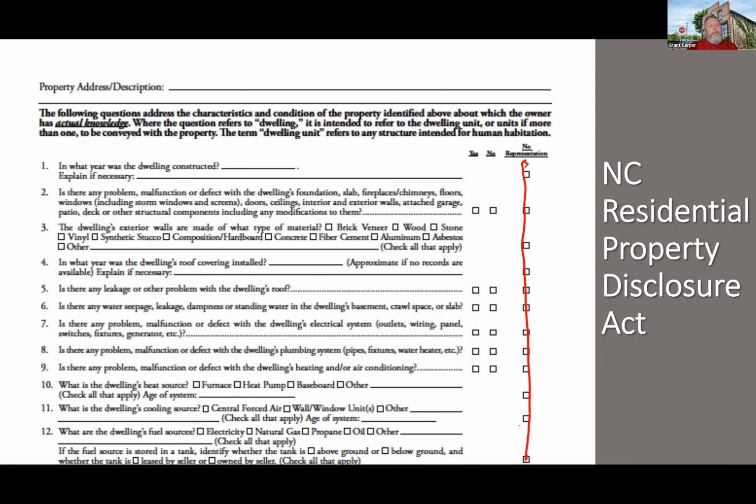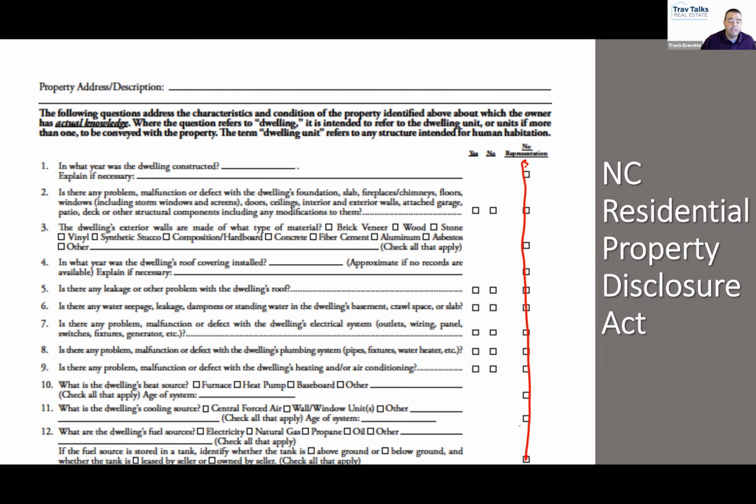If you don't know, would you check no representation because it wasn't disclosed to you? Well, at that point it doesn't matter whether it was disclosed to you or not. It's about what you know and what you want to disclose. So don't try to base it on what somebody told you. You're the seller, you're the owner now. What do you know? Or what are you willing to say?